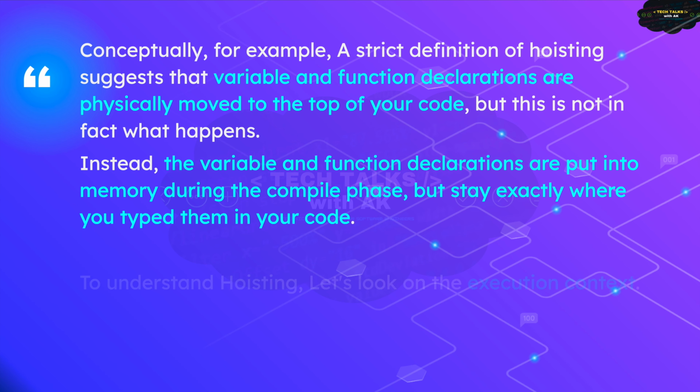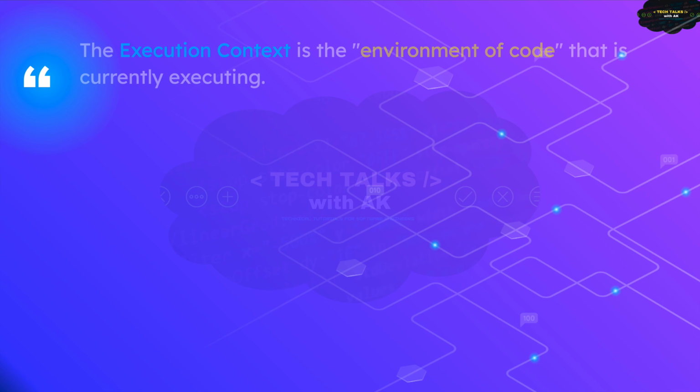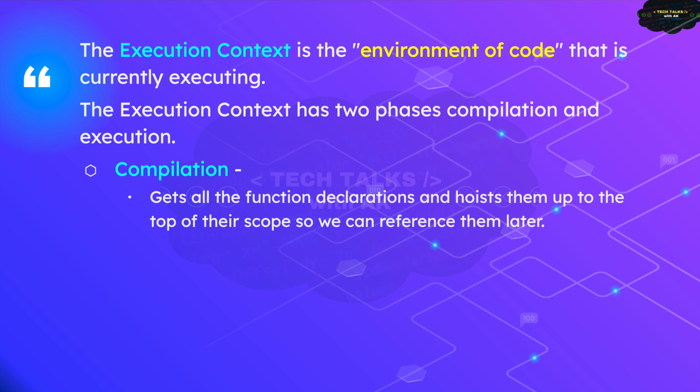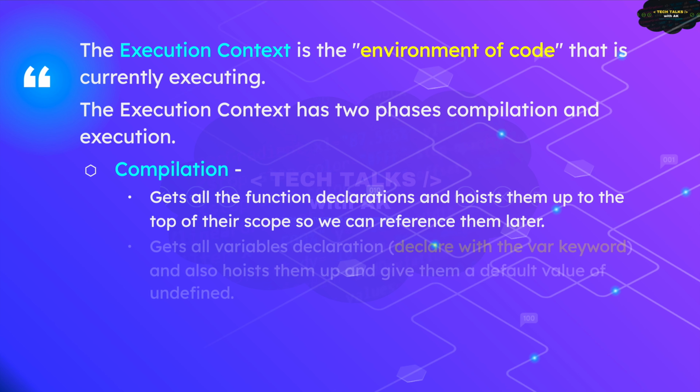To understand hoisting, we need to understand what an execution context is. Execution context is nothing but the environment of the code that is currently running. The execution context has two phases, compilation and execution. In the compilation phase, it gets all the function declarations and hoists them up to the top of their scope so we can reference them later.